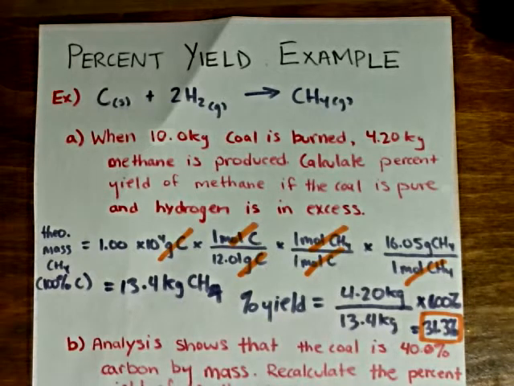So that means that when recalculating the percent yield of methane, we have to determine the theoretical mass of methane that could be produced when 4 kilograms of carbon react.